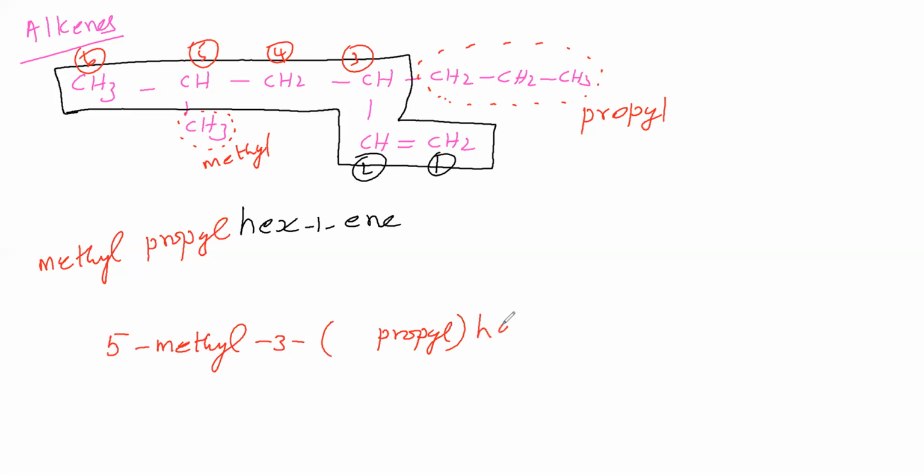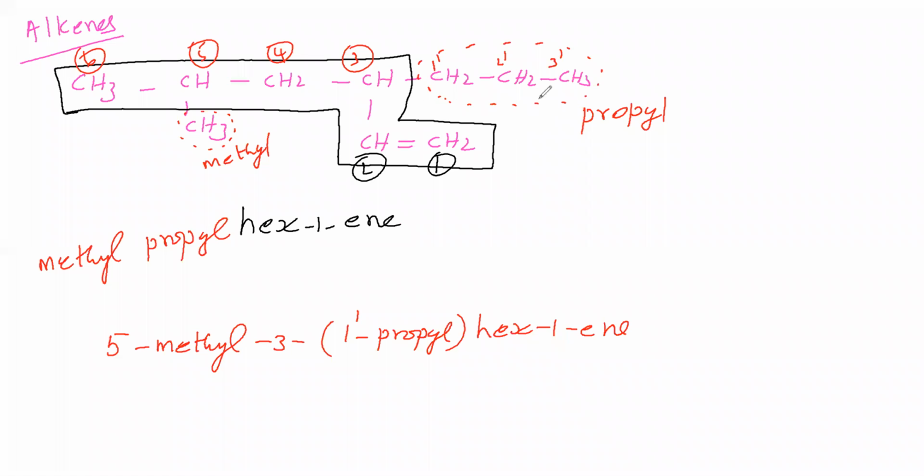Then we will write hex-1-ene. Next, in the propyl, 3 carbons are there. Out of 3 carbons, which carbon is attached to the parent chain? This first carbon is attached to the parent chain. Therefore, we write 1-propyl with a dash.